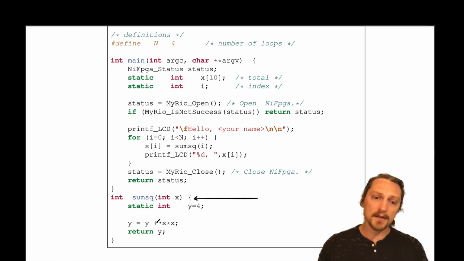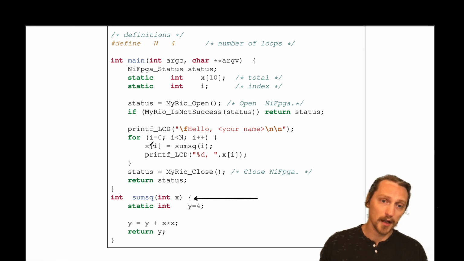It adds to that initial value x times x, or x squared, and then it returns the value of y. Every time it gets called in this loop, it will continue to do that. So this is the little simple first program.